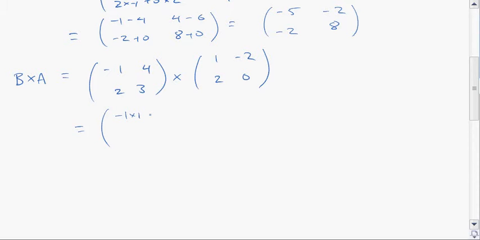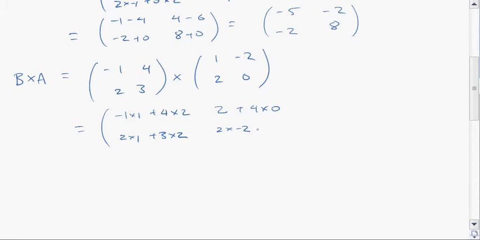Row 1 column 2 is going to be -1 times -2, which is positive 2, plus 4 times 0. Row 2 column 1 is going to be 2 times 1 plus 3 times 2. Row 2 column 2 is going to be 2 times -2 plus 3 times 0.